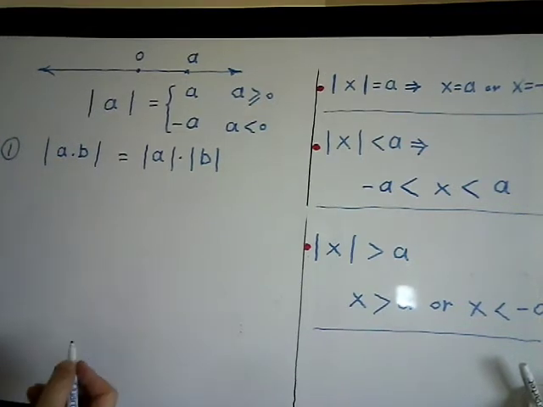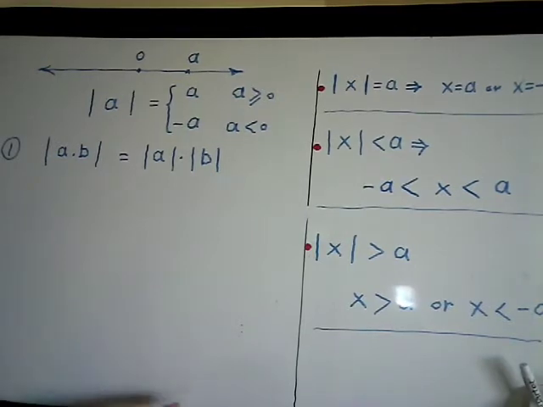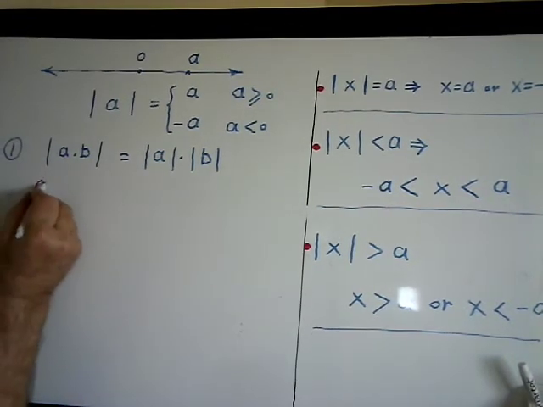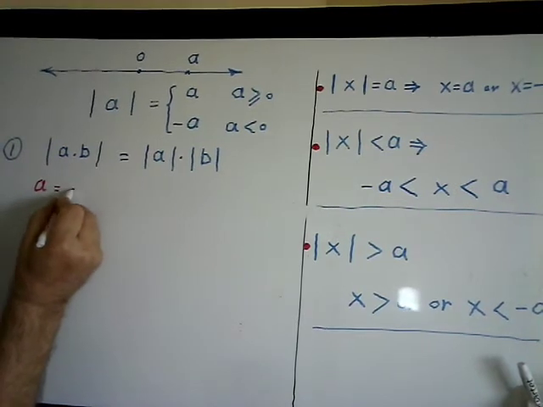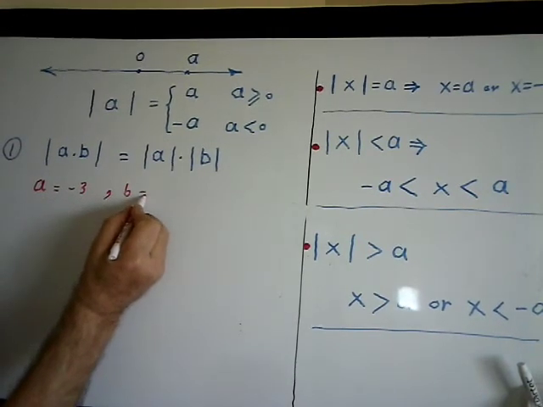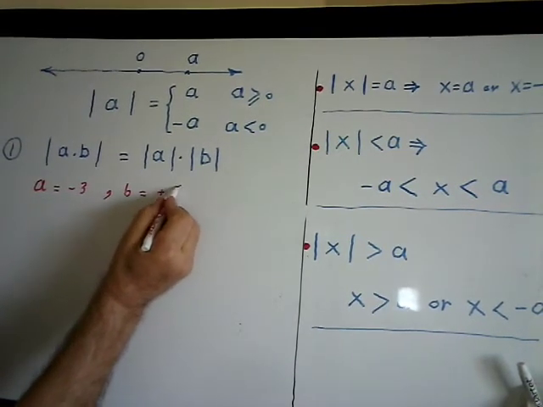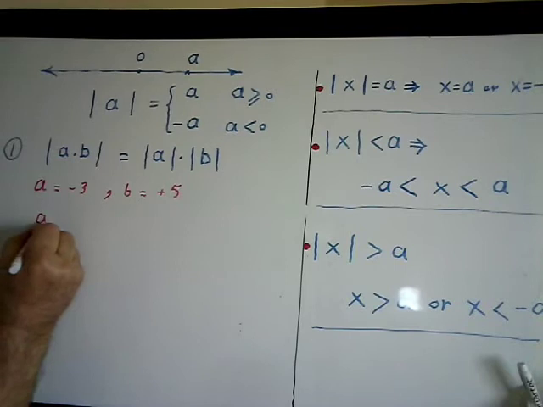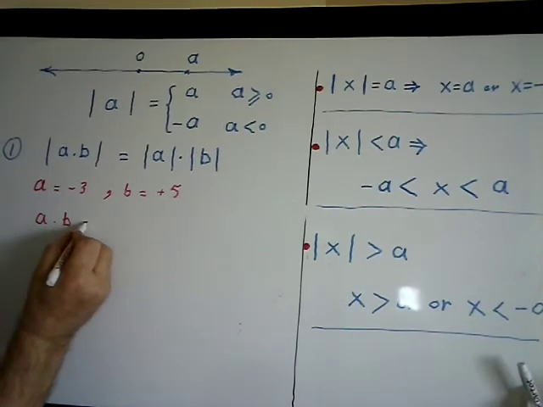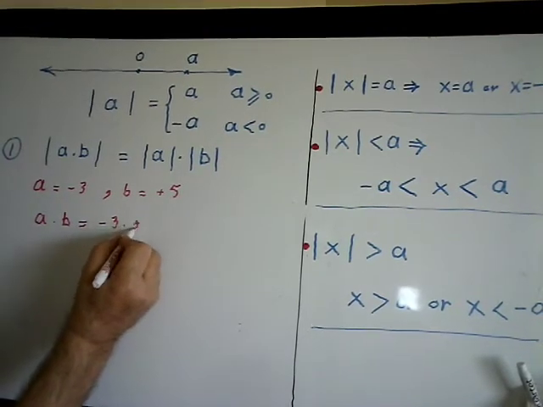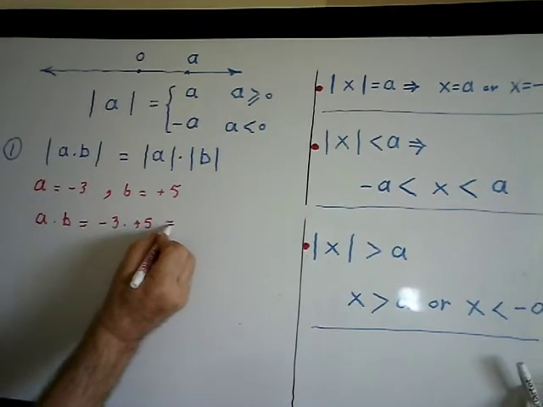Let us give an example. Consider A is negative 3, for instance, and B is a positive 5. So when we multiply A by B, the result is negative 3 times positive 5, which is negative 15.